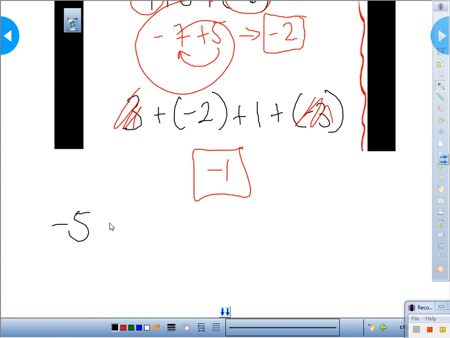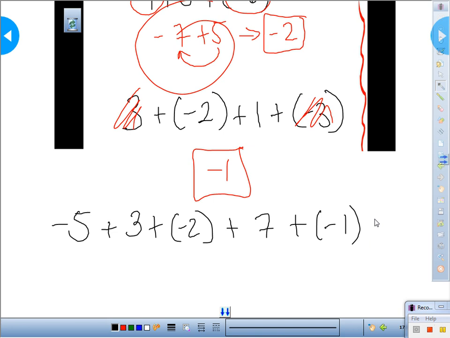Let's go -5 plus 3 plus -2 plus 7 plus -1 plus 5.